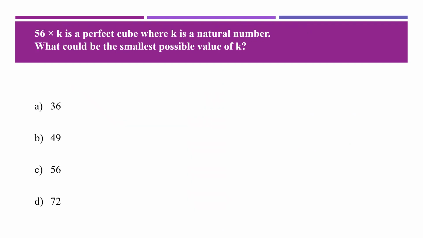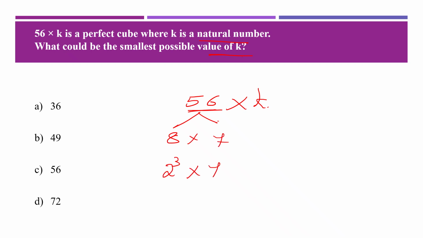Great. Moving on to the next question. We have 56 times K is a perfect cube, and K is a natural number. What would be the smallest possible value of K? 56 times K. So let's factorize 56 first. I go with 8 times 7, which is 2 cube times 7.